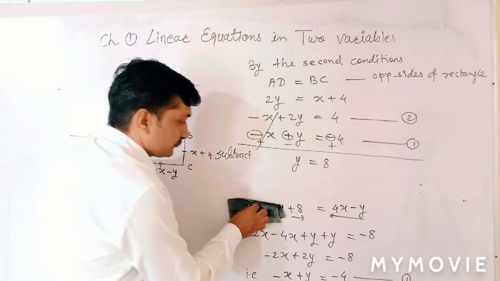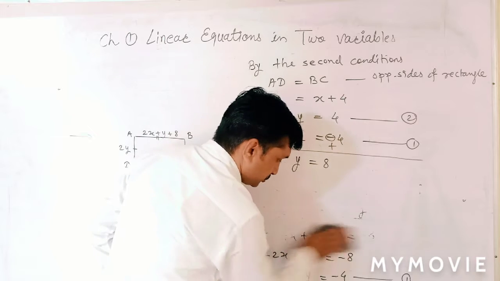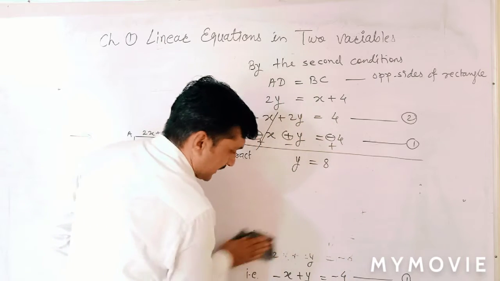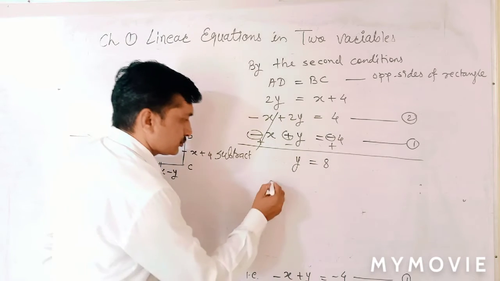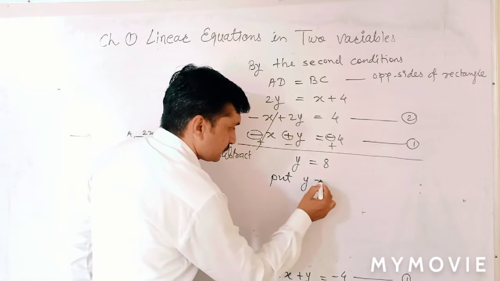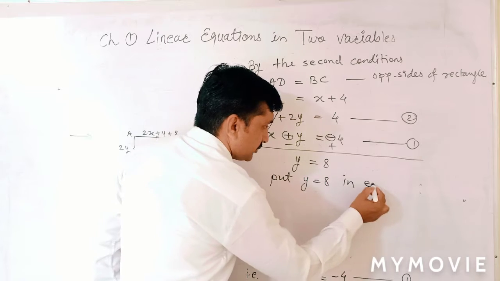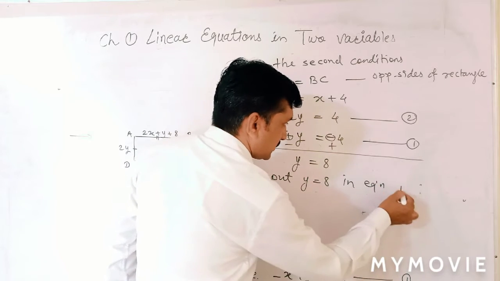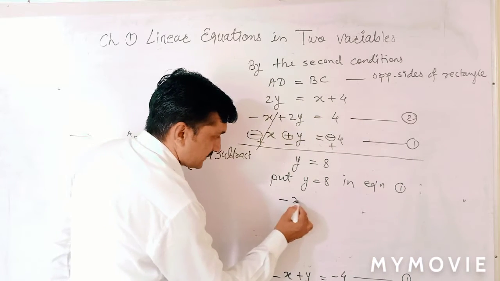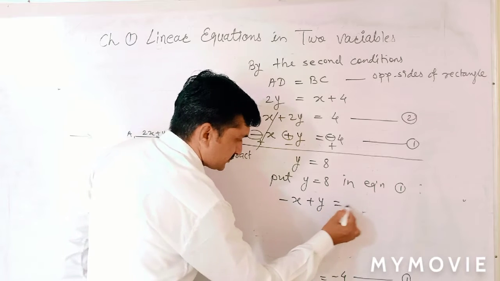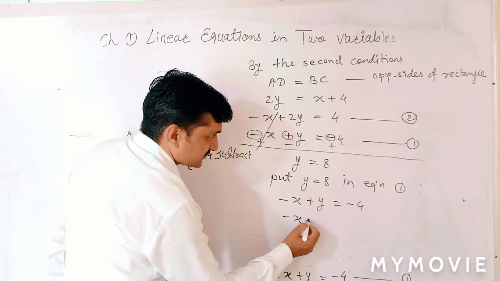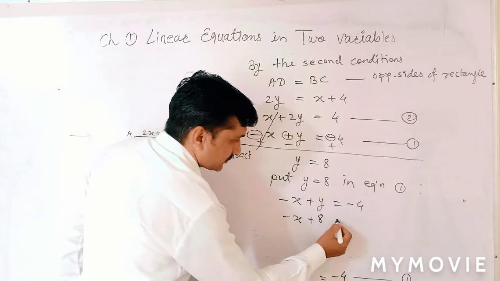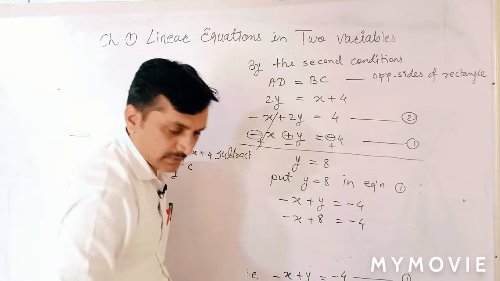Now put this value in equation 1 or 2 to find the value of x. In any equation you can put y is equal to 8; I take equation 1. Minus x plus y is equal to minus 4. Minus x plus 8 is equal to minus 4.